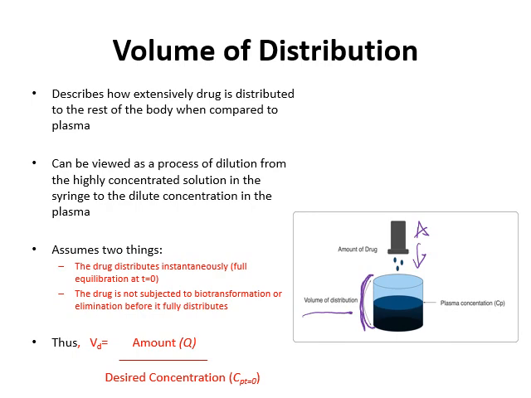All right, and the equation for volume of distribution is at the bottom of the slide. So it's the amount, Q, that's what drug A represents, so we'll change the color of that. So this equals your Q, the amount in your desired concentration, that's here, your plasma concentration, over your time constant. So your time constant is right here, T equals 0, okay? However long it takes to fill up your compartment.